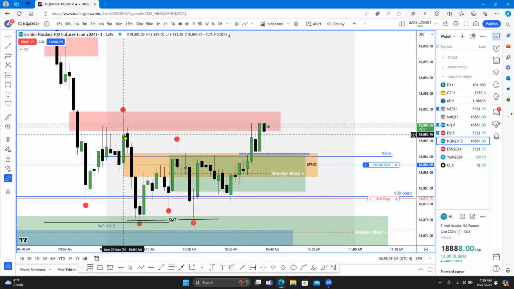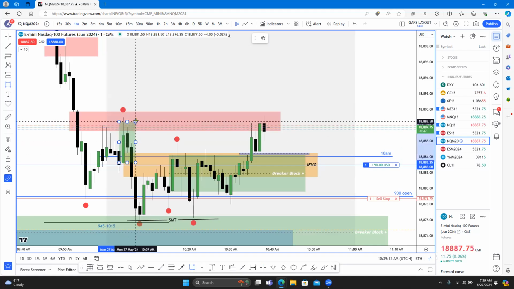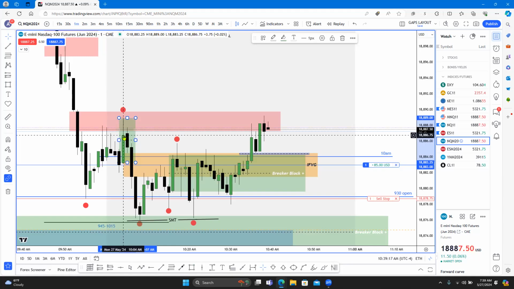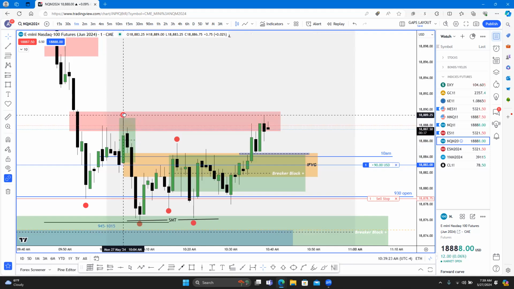Because we now closed above this candle here. Oh no, not yet. I'm looking at the candle closure here. So we want to close above this high.